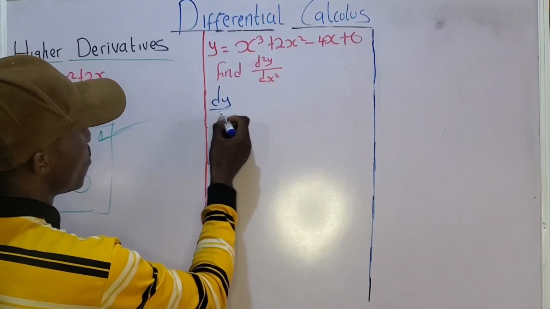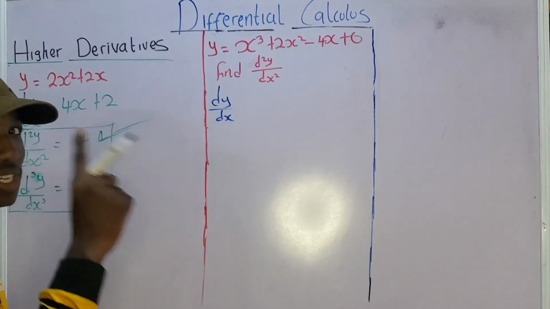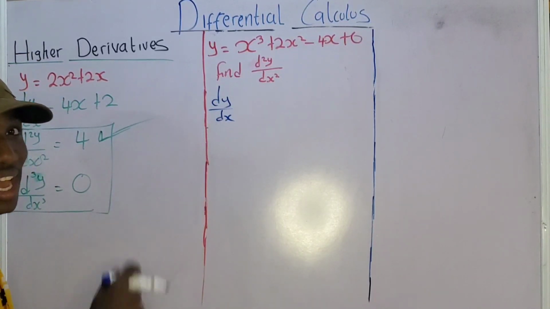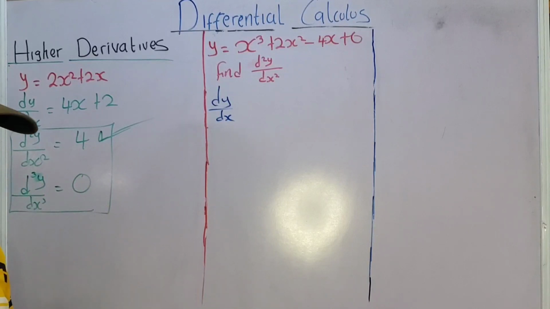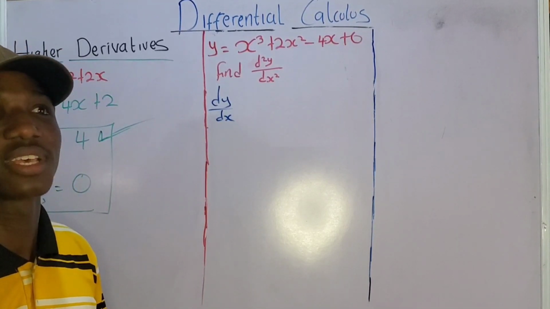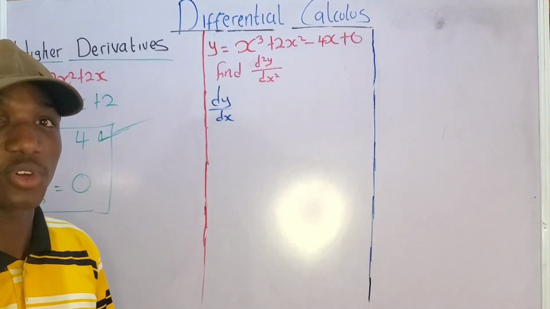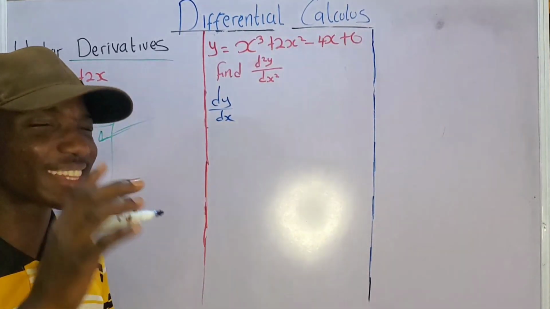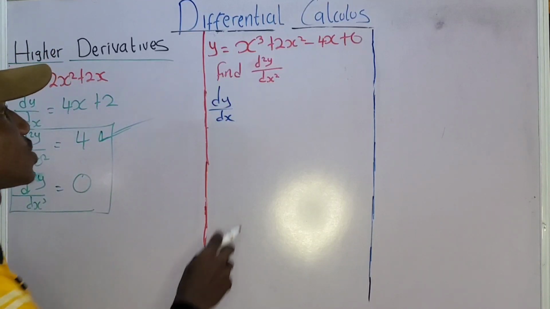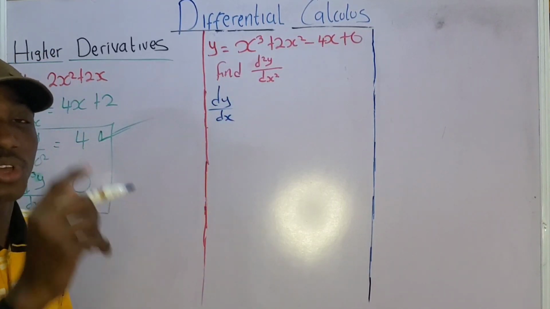The dy over dx, that is the first derivative. This one is not called higher because that is the first time we are differentiating the function.